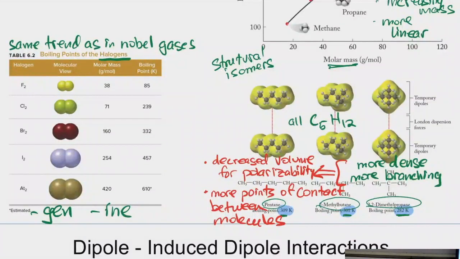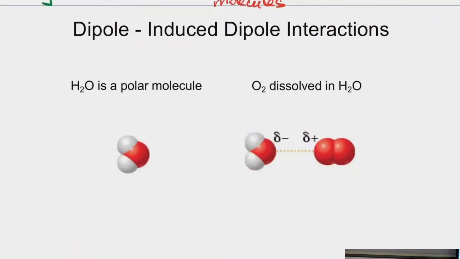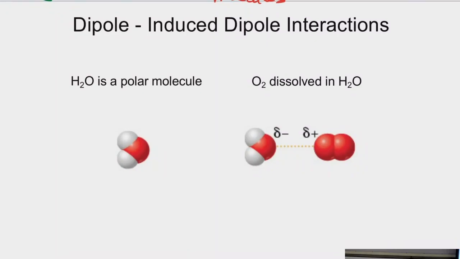Okay, so now let's move on to a little bit stronger intermolecular attractive force. These are going to involve dipoles, but now we have dipoles between a molecule that's polar and a molecule that's nonpolar. So if we have a dipole, that would be a polar molecule.